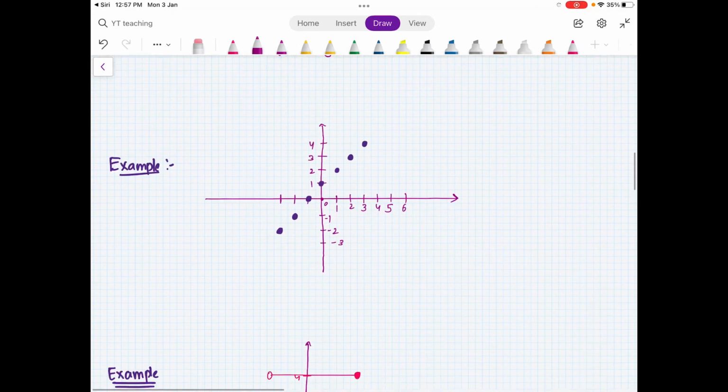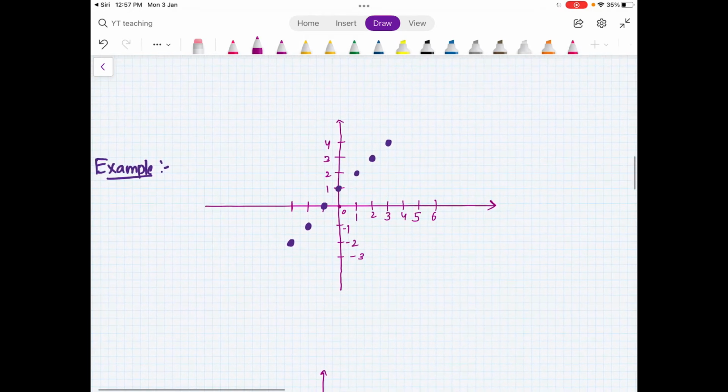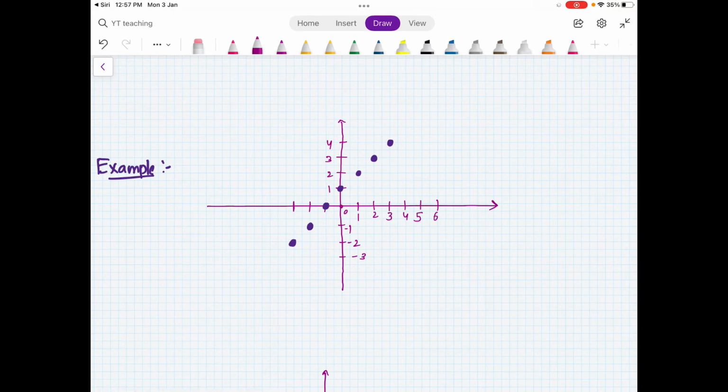Okay, so now look at this. Can you tell me what it is? I want you to tell me the domain and range. Domain is the set of all inputs. Now see what the inputs are here. You have the x-axis, this is your input, and this y-axis is your outputs. So let us see all the inputs here.